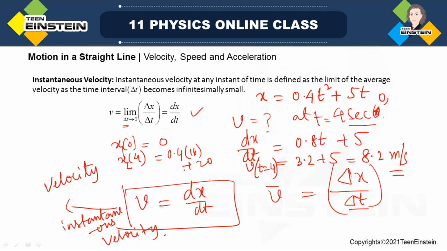So this is 26.4. So the average velocity for that same thing will be 26.4 divided by the time interval, 4 second minus 0, that means 4. So it will be 26.4 by 4. This will be your average velocity.